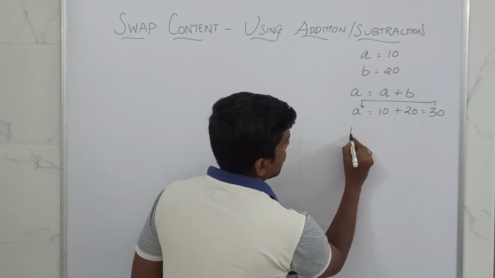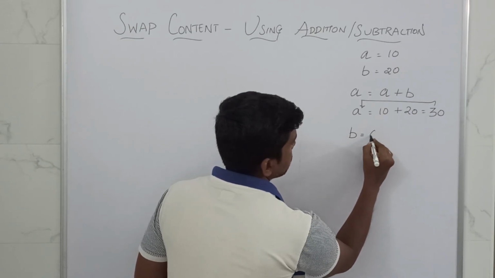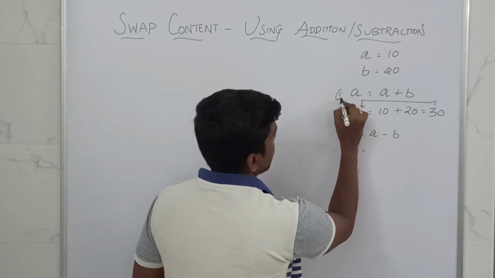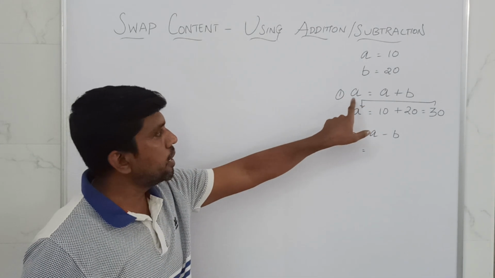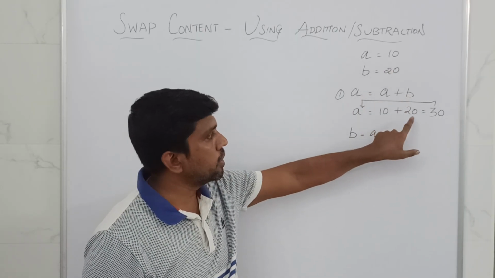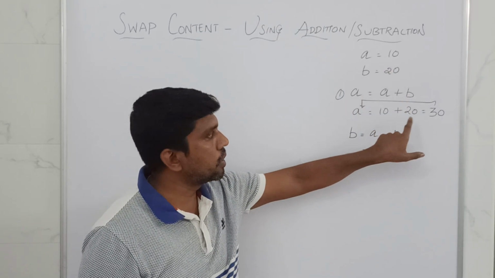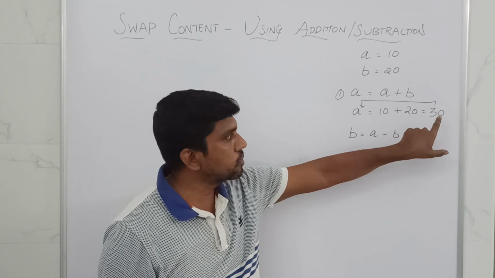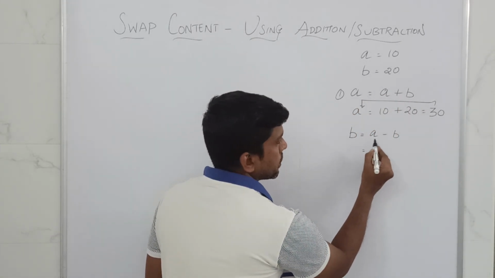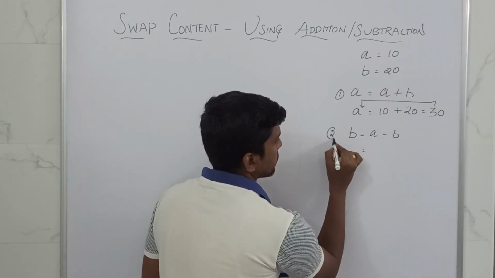Then B equal to A minus B. So it's step 1. So first step, A equal to A plus B. A value is 10, B value is 20. Just add these two contents, you will get the result 30. This 30 is stored in A. Then B equal to A minus B. It's the second step.